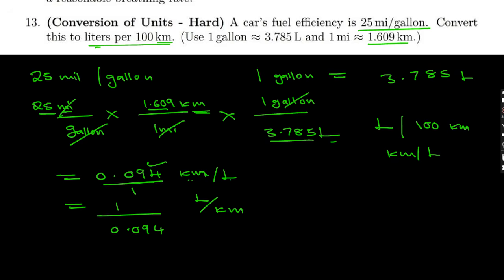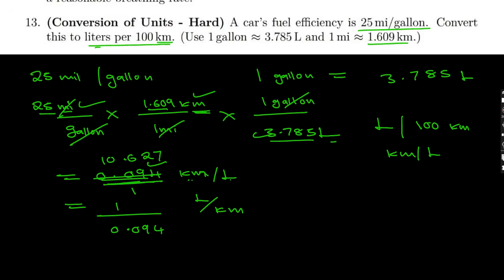I think I made a mistake, I was a bit ahead. After multiplying this and this, then you divide by this, you are going to get 10.627. You can take this as our true value.